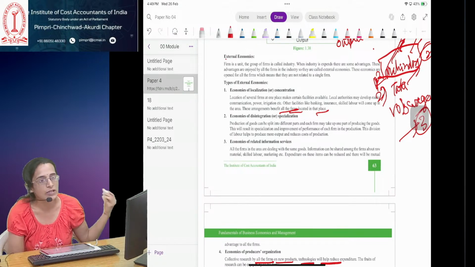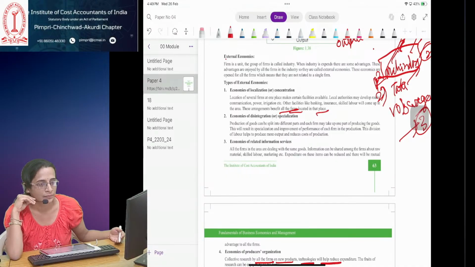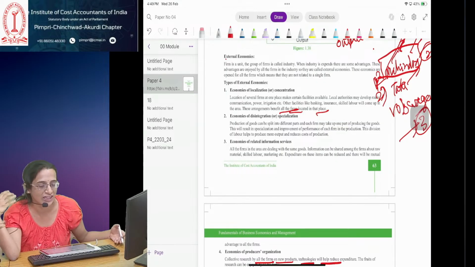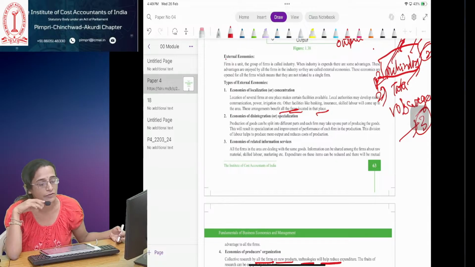But in actual scenario, is it that possible in this competitive market? What do you think? No. So that is also not an advantage as such, we can say. They have mentioned it as an economy, but it is not feasible or not practical in the real world scenario.